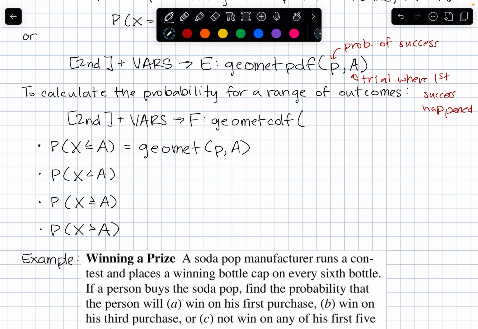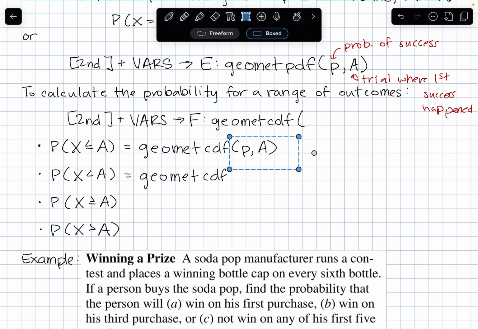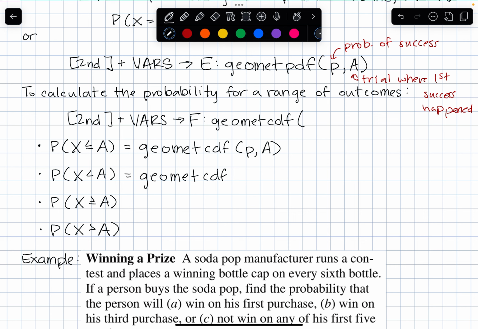If I don't want to include A, I have to tell the geomet CDF function to start with the value that is less than A. If I want to do less than 4, I need to tell it to start at 3, otherwise it'll start at 4.